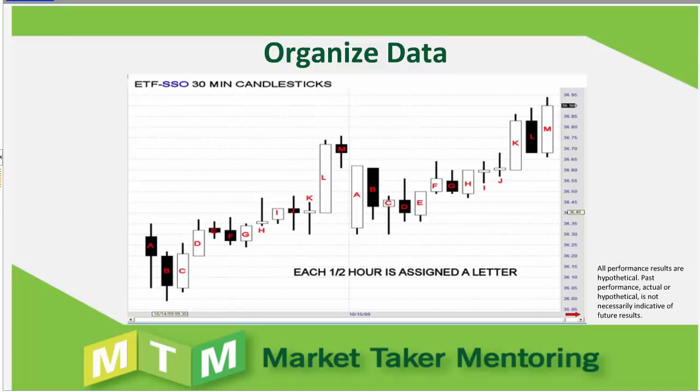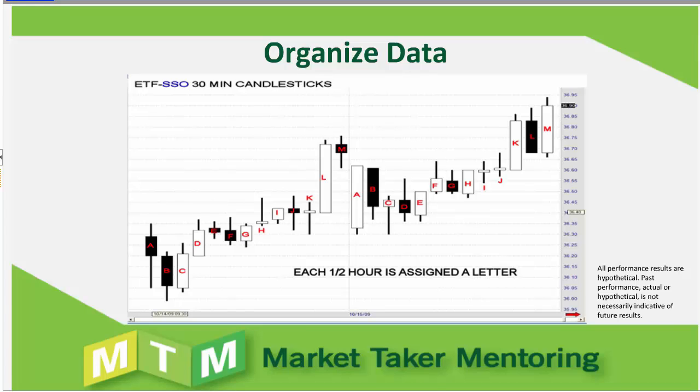First things first, we want to organize data, and I just want you to imagine here we're looking at a candlestick chart, and we assign each half hour of the day. Each one of these bars or candlesticks is a 30-minute period. You can see how I've got them marked with A, B, C, D, E, F, G, and so on.